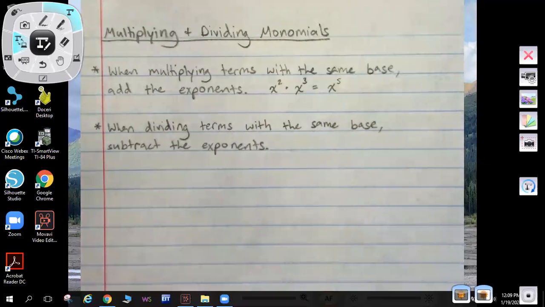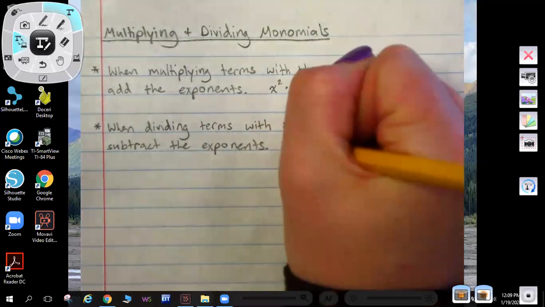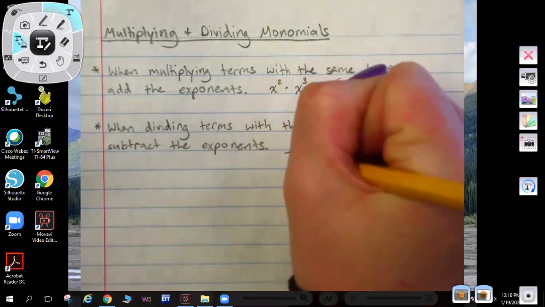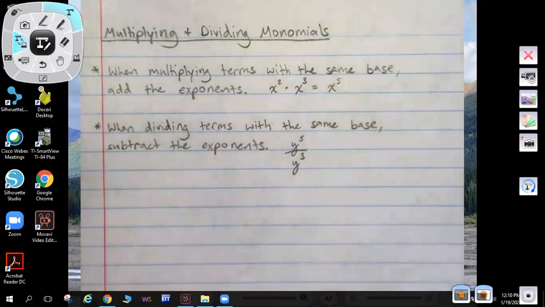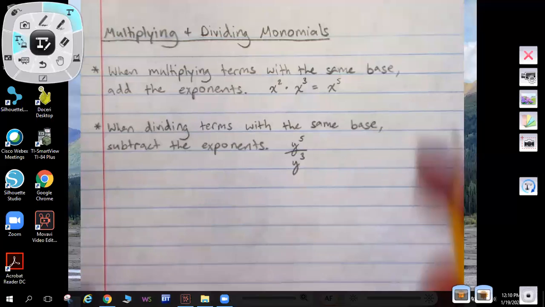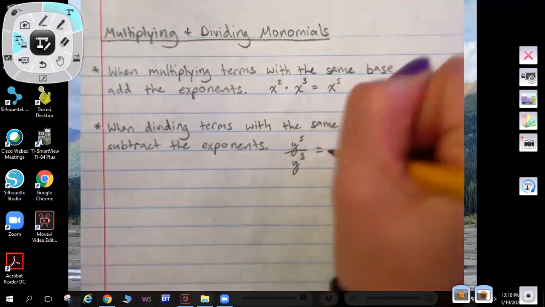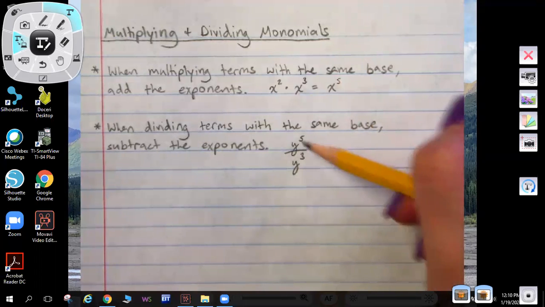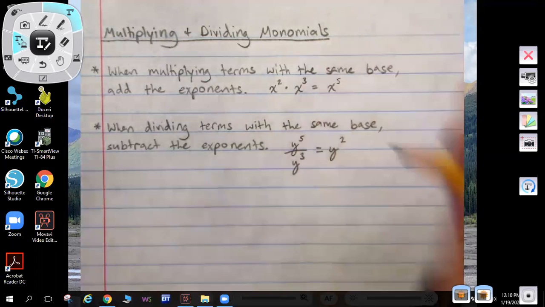Okay, so let's say we have y to the 5th over y cubed. So y to the 5th divided by y cubed, those have the same base, and the base stays the same. And we subtract exponents. 5 minus 3 is 2. So we get y squared.